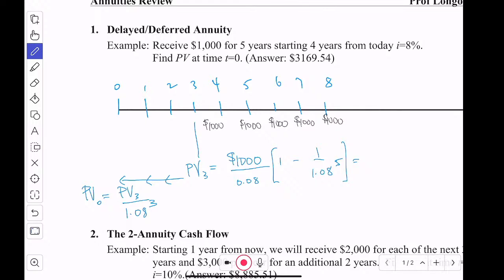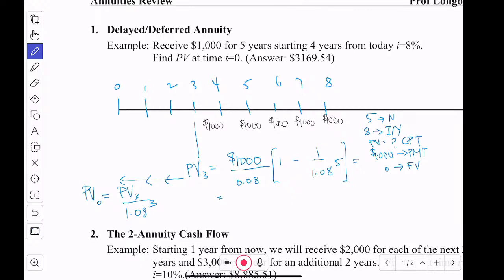Now, what do I write in my calculator? So I'm going to put in my calculator that the payment is $1,000 to be received. So it's a positive. And I don't need to use FV. I have to compute the PV and get an answer.